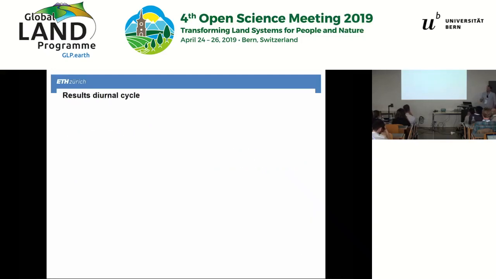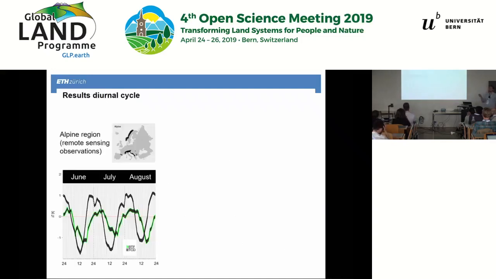First I'm going to show some results based on the SEVIRI data, which is available at a high temporal resolution, so we were able to look at the diurnal cycle. What you can see here in green is the potential cooling if we replace the needleleaf forest by broadleaf forest, and in black the potential cooling if the tree cover density were increased by 20%.